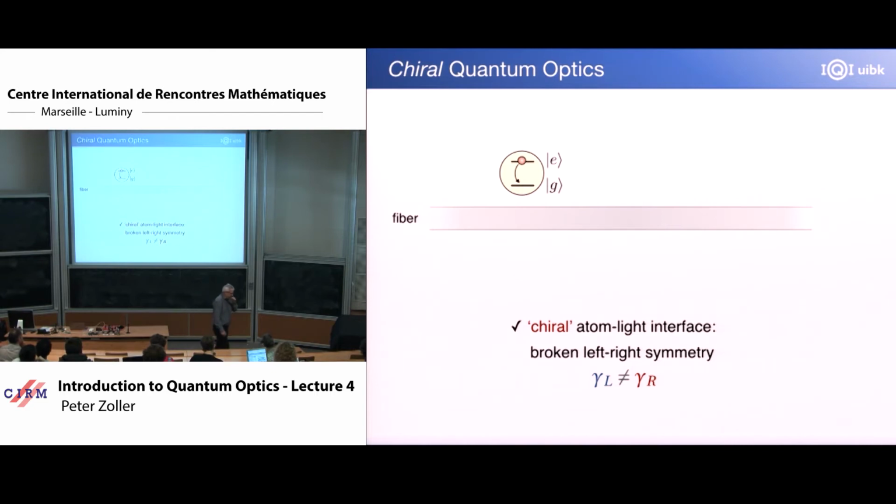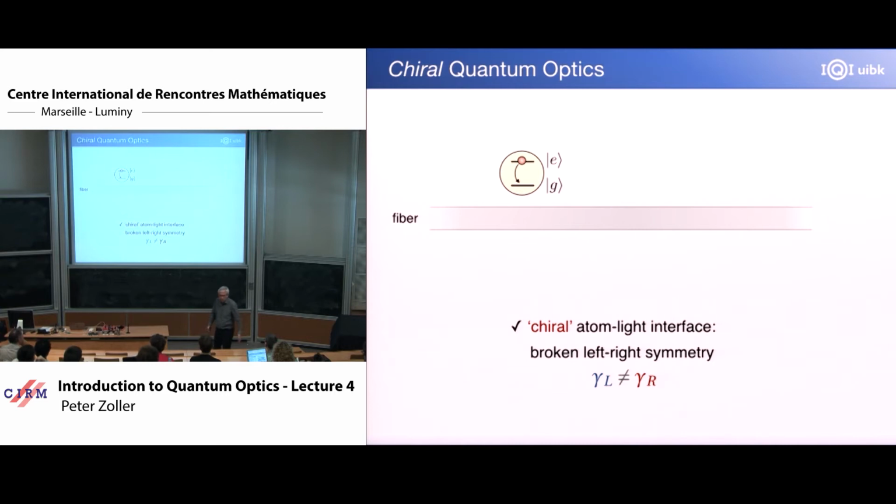Okay? So let's imagine that we have this atom that I just said is floating above this fiber. And this atom can undergo a transition to the ground state over here, emitting a photon into the fiber. This is exactly the theory that we did in the last lecture. We have an atom emitting into a one-dimensional continuum of modes.